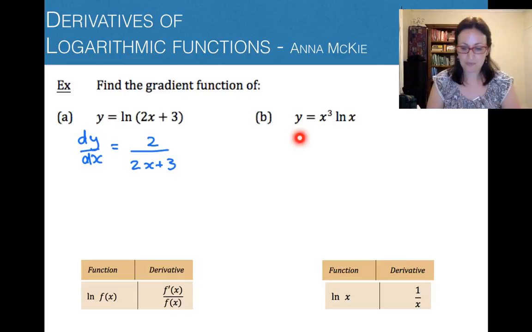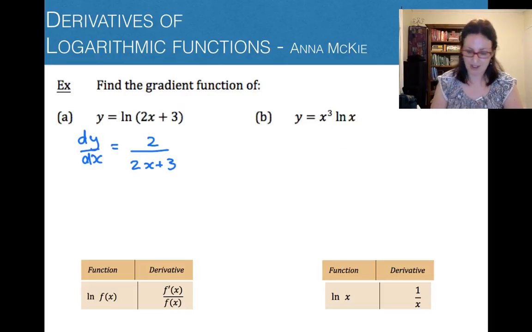Over here, find the derivative of this. Well, first of all, that's two functions together. So we're going to have to use the product rule on this one. So finding dy by dx, differentiate the first, leave the second.